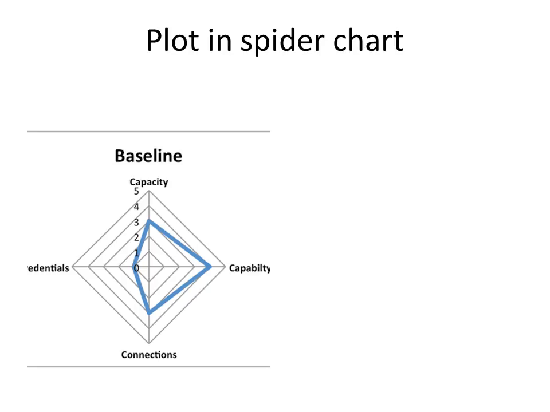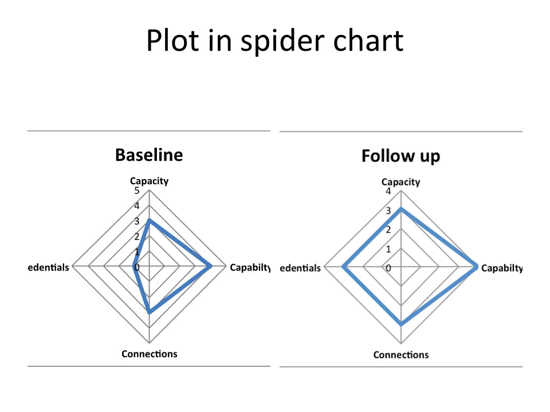The C has been missed off credentials. You can see that capability is quite high, but credentials are very low, and connections and capacity are quite moderate. That's where you start, and then you follow up a bit later, and the spider chart has filled out, and you can begin to get quantitative measures of those kinds of things.